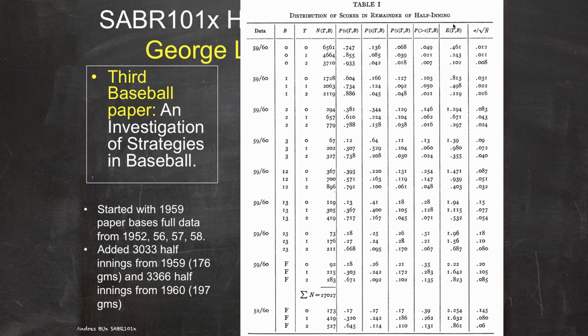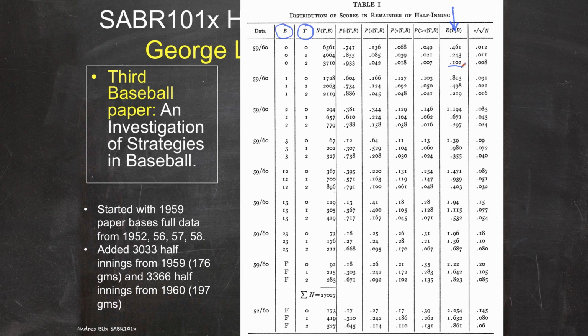One thing to note here is this column also. This column here is the expected runs given the bases and given the number of outs, the expected runs you're going to score. This is the average runs scored in that situation. So the average expected runs with nobody on base and 2 outs is .102.